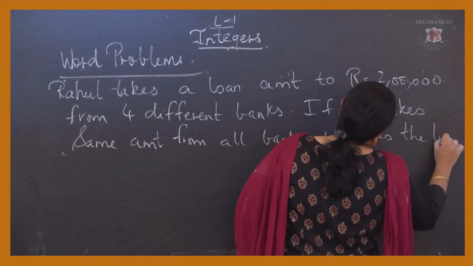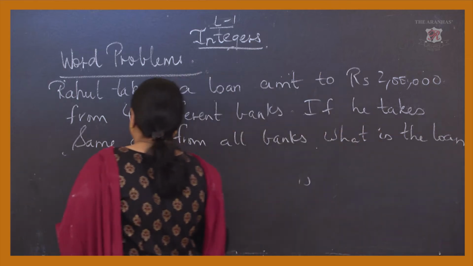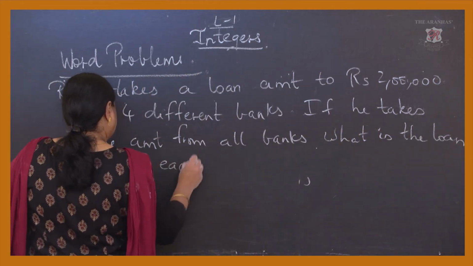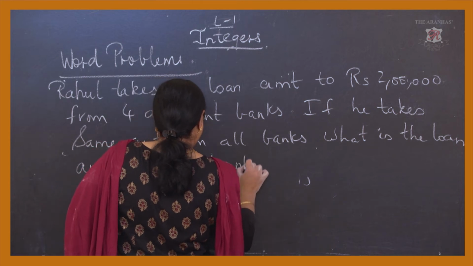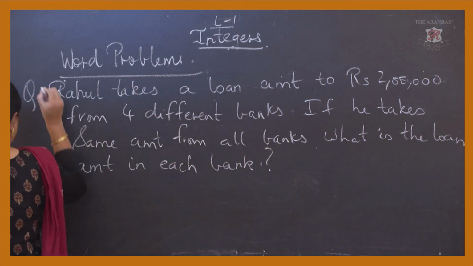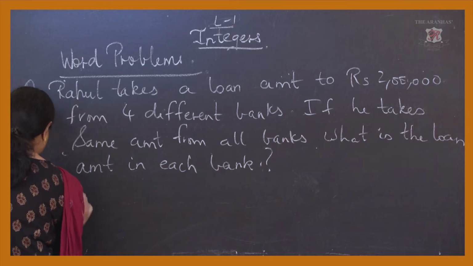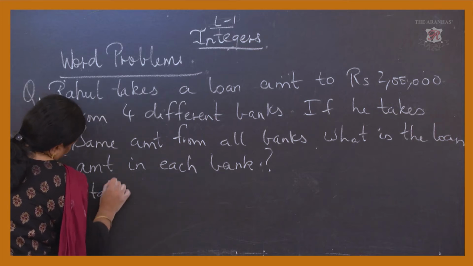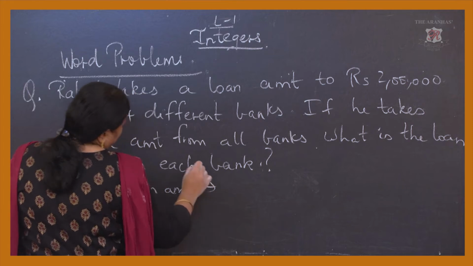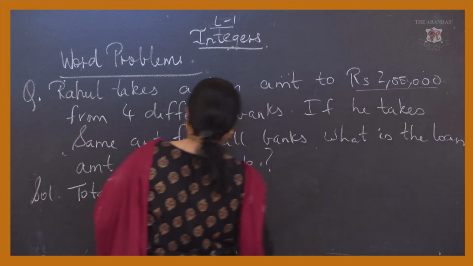If he takes the same amount from all the banks, what is the loan amount in each bank? Okay, this is the question I have given here. So what will be your solution? Your total loan amount is how much? Rupees 2 lakh.